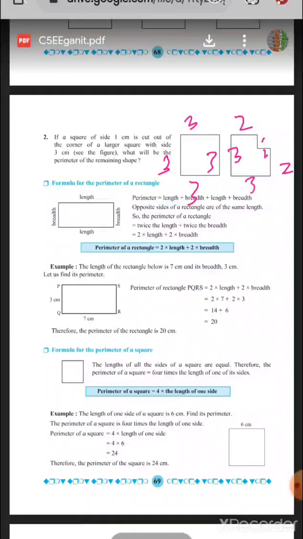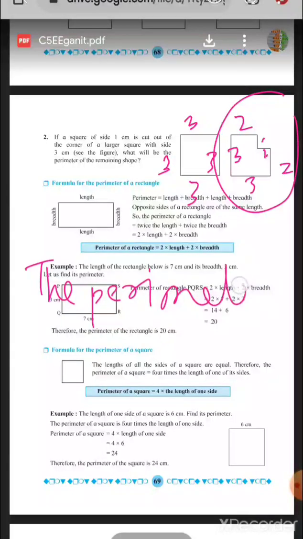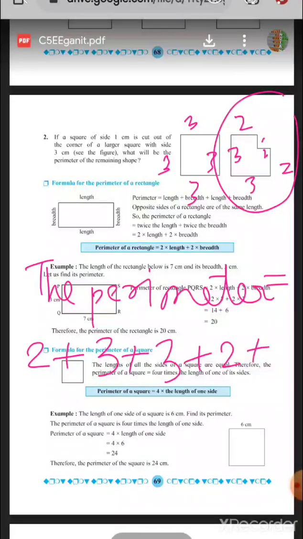Now we need to find the perimeter of this figure. So to find the perimeter we need to add all the given sides. So we will write here the perimeter is equal to 2 plus 3 plus 3 plus 2 plus 1 plus 1 is equal to 2 plus 3, 5, 5 plus 3, 8, 8 plus 2, 10, and 10 plus 1, 11, 11 plus 1, 12.